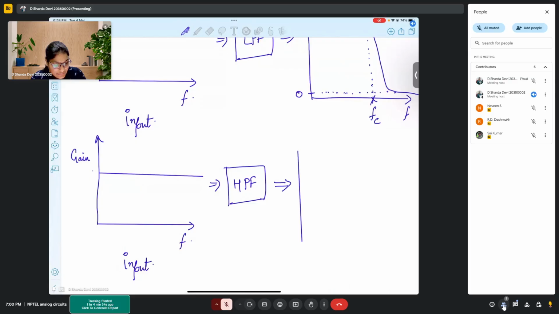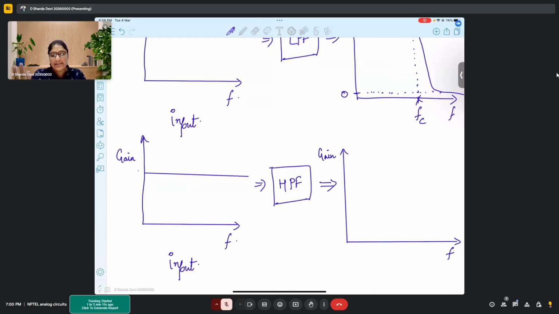Now you are passing it through a high pass filter. So what is the idea of a high pass filter? It will allow your high frequency signals to pass as they are with a certain amount of gain, or let's say unit gain, and your lower frequencies will be eliminated. That means the gain that you would observe for lower frequencies would be zero, and your pass band would have a certain constant gain. Correct? Am I right?